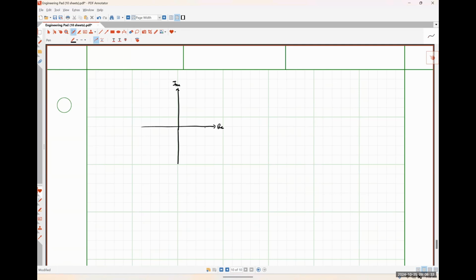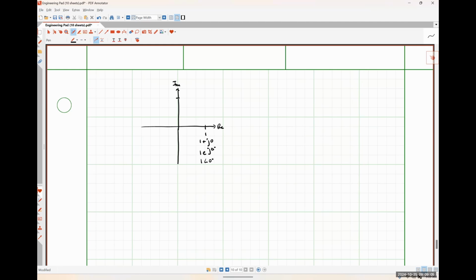If I go out 1 unit in the real direction, what we would conventionally call the number 1, in rectangular form we would call that 1 plus j0. In exponential form, that would look like 1 e to the j 0 degrees. And in polar form, that would look like 1 angle 0 degrees.